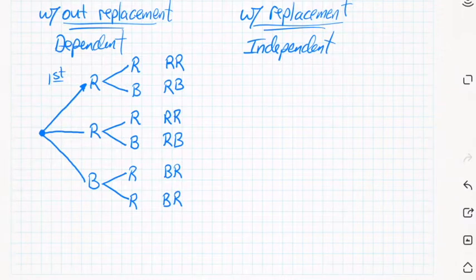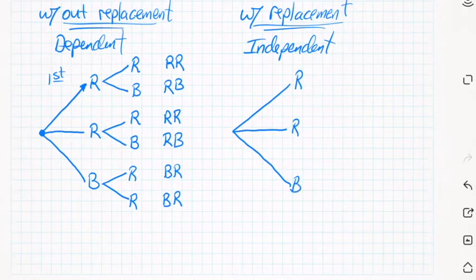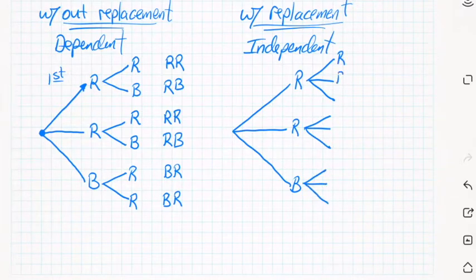Now, if we do it with replacement, our branches for the first one stay the same. We're still going to have 3 branches. It'll be red, red, and blue. And then the problem is we're going to take that rock and put it back into the mix. So we always have 3 more rocks. So each one of these is also going to have red, red, blue as 3 of its possibilities. So red, red, blue, red, red, blue, red, red, blue.